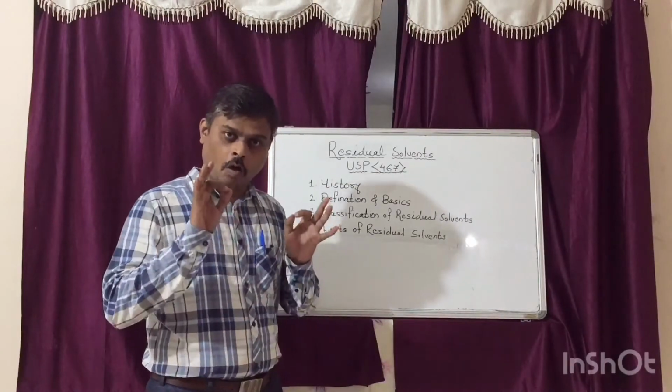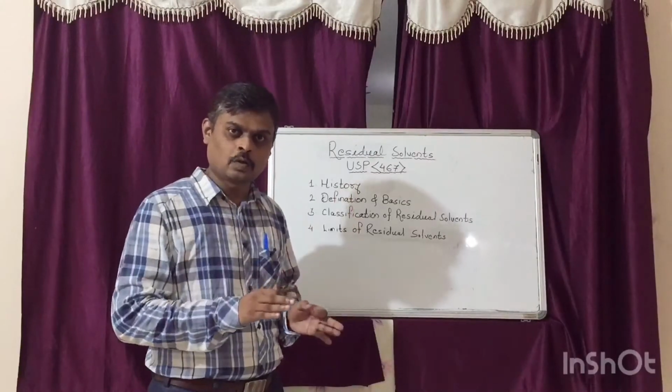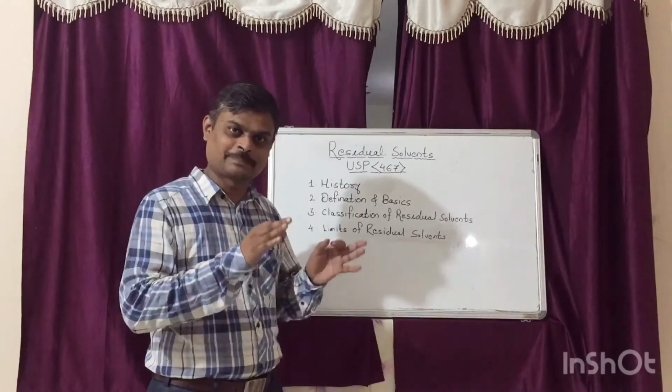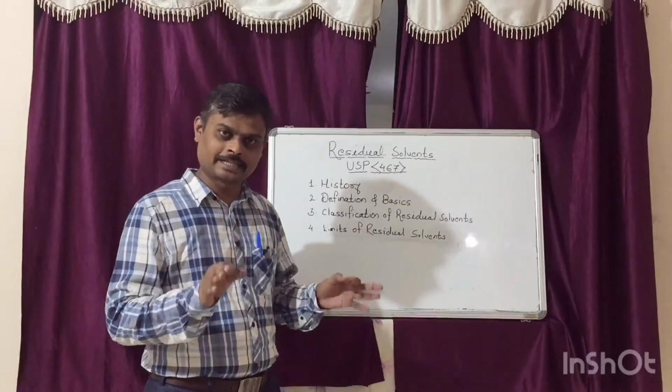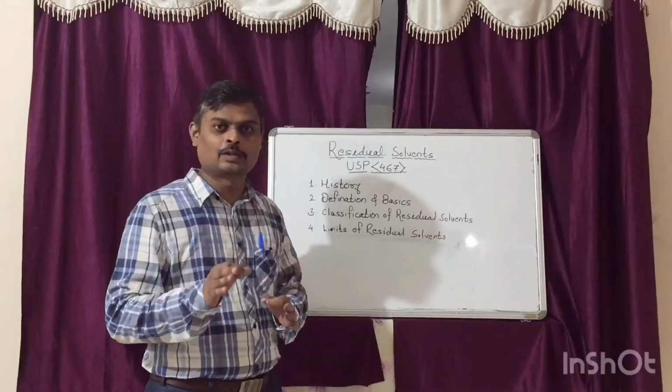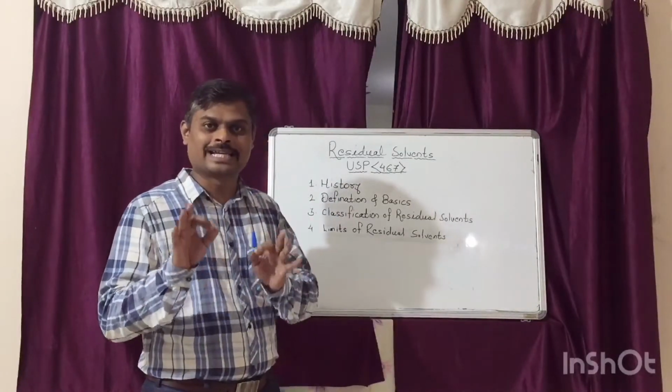If the observed results are equal to or below the specification limit of the drug product, in that case it is not required to test the drug product for residual solvents.